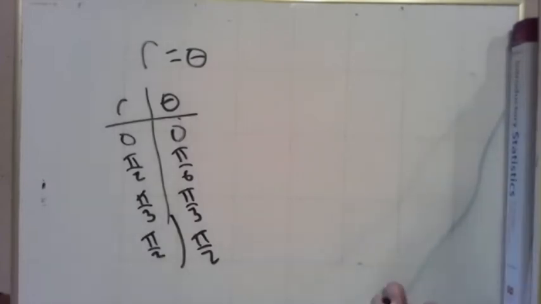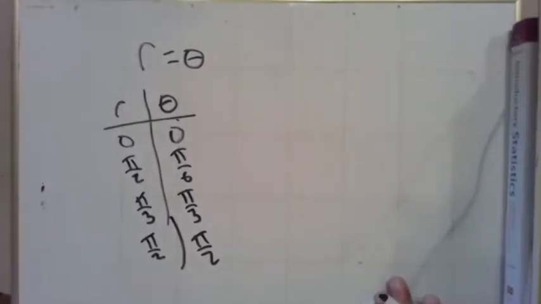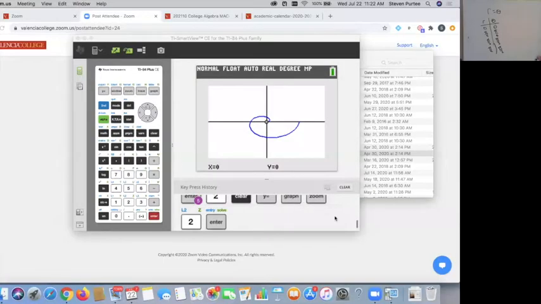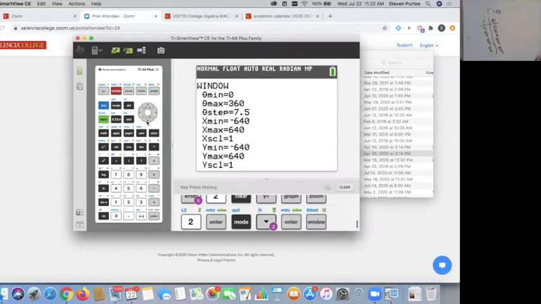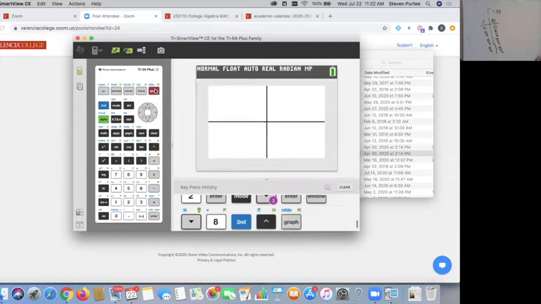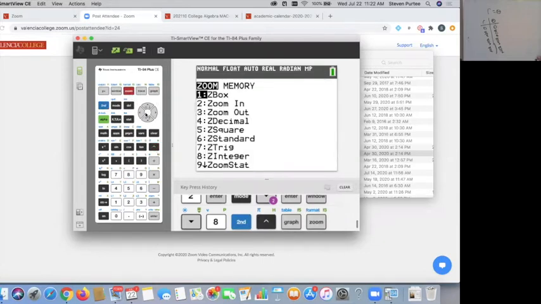This does need to be in radians. Let me go back to the graph then and convert that to radians. Am I sharing? There, let me share. So in mode, let's graph this guy in radians. Let's go to my window, and let's say we're going to 8 pi. Let's go around 4 times. Hit graph and zoom.